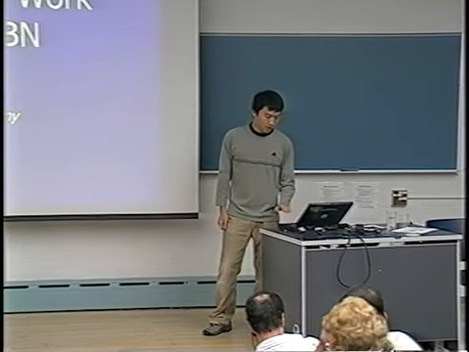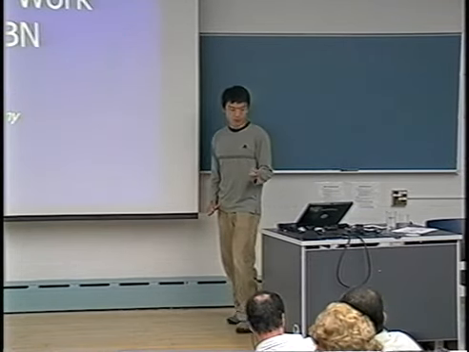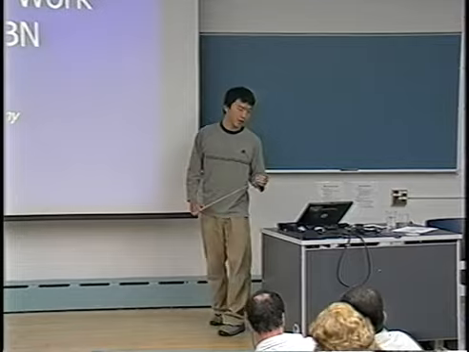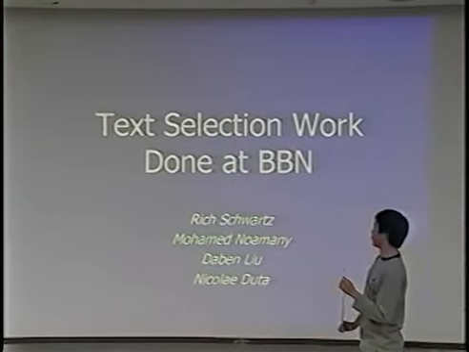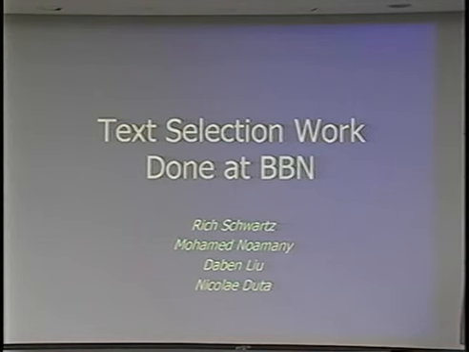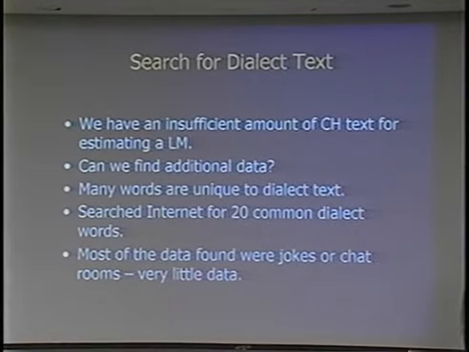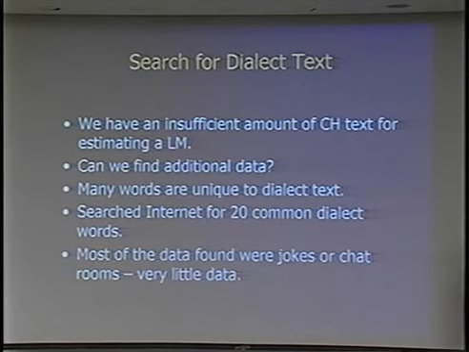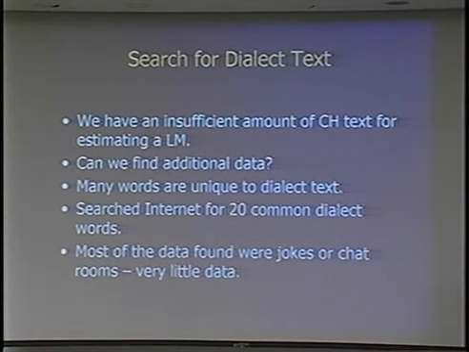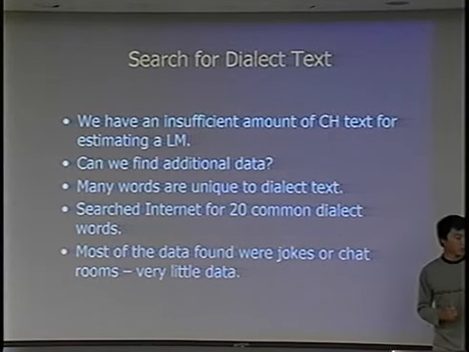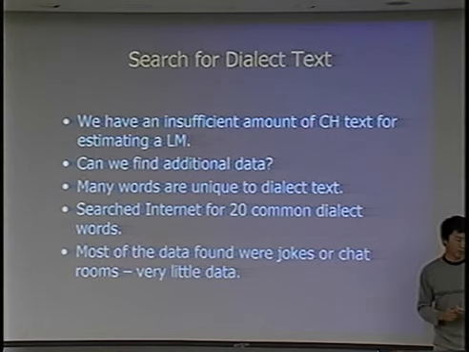And also I'll be presenting text selection work done at BBN. This is done by Rich Schwartz, Mohamed Noamany, Daniel Liu, and Nikolai Duta. They first tried to search for dialectal text, which is conversational text, both on the internet and on broadcast news. They used keyword search, with words that are unique to conversational Arabic.